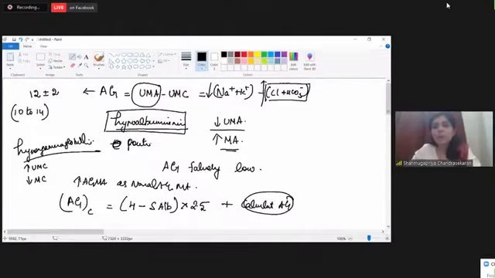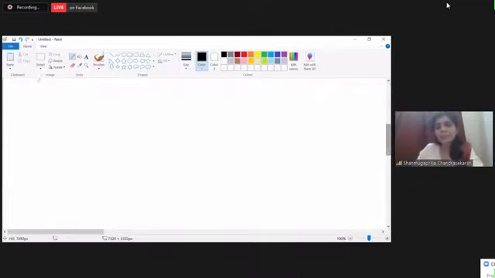Okay, so to avoid these misinterpretations of anion gap, whenever you find a high anion gap metabolic acidosis, you start calculating another value, which is delta-delta ratio.